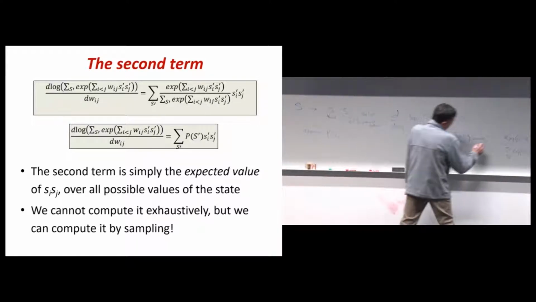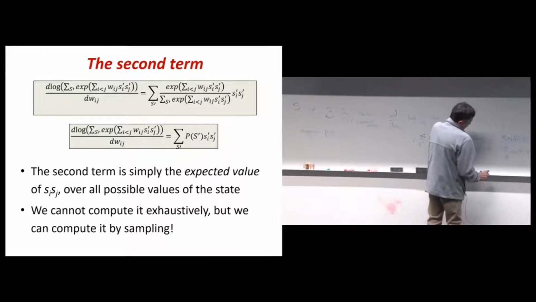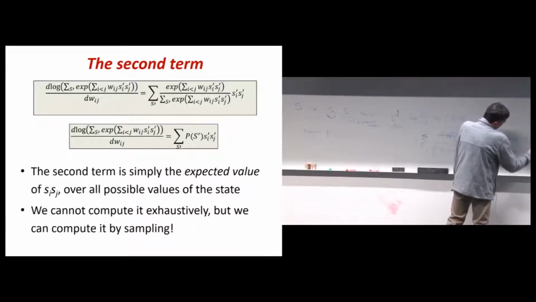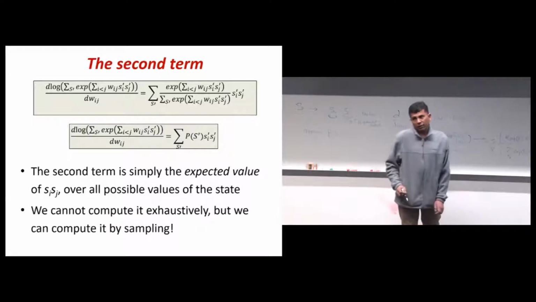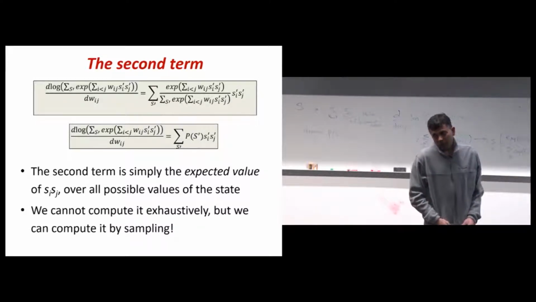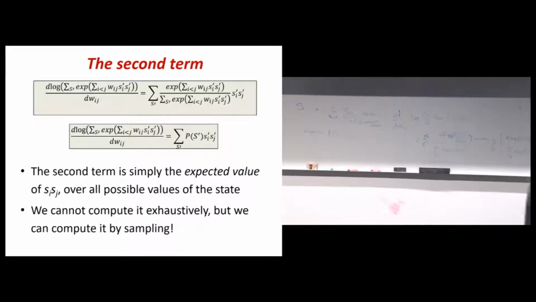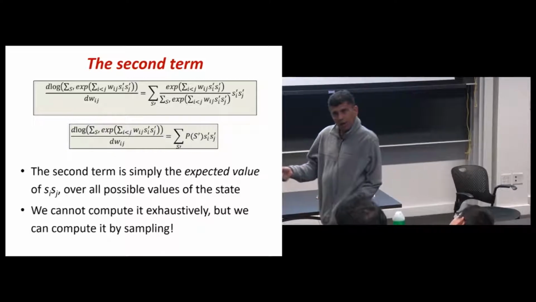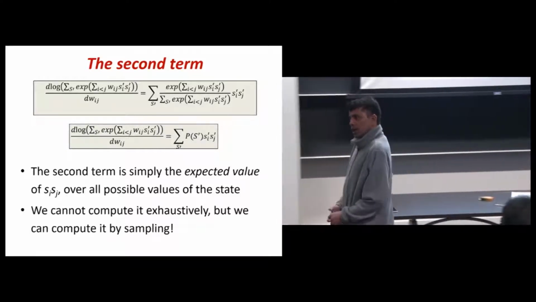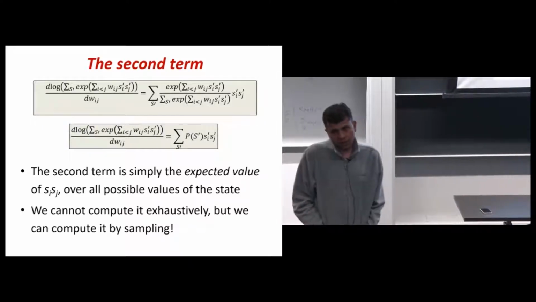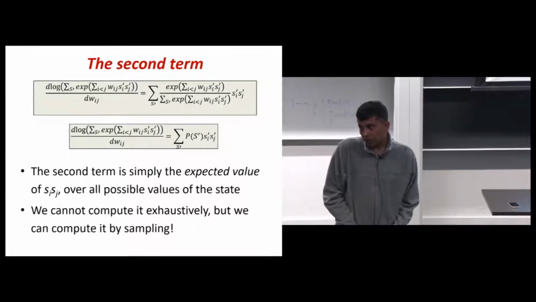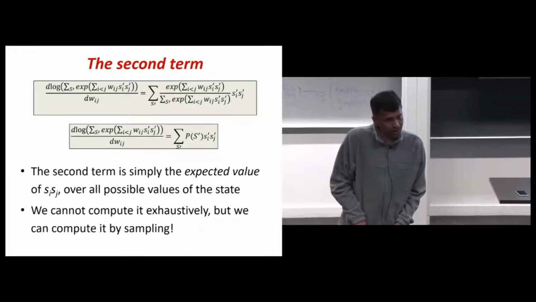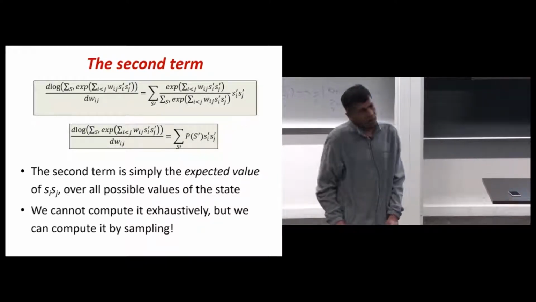And this over here is simply the probability of the pattern itself. So if you work your way through the arithmetic, it simply ends up being the expected value of the product of the bits, ith and jth bits, over the entire distribution, the second term in the gradient.